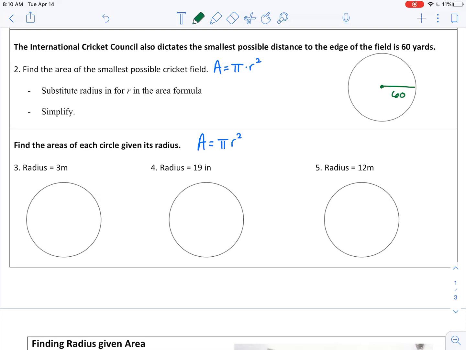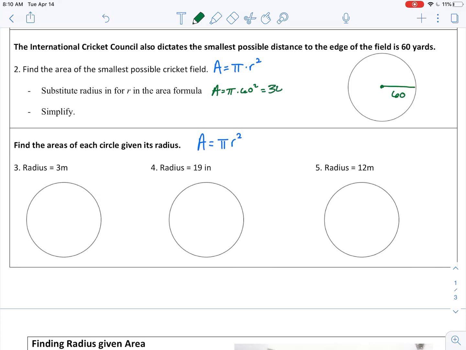And if I went 60 yards and kind of swept out that shortest distance all the way around, I'd end up with a circle. So my radius is 60.